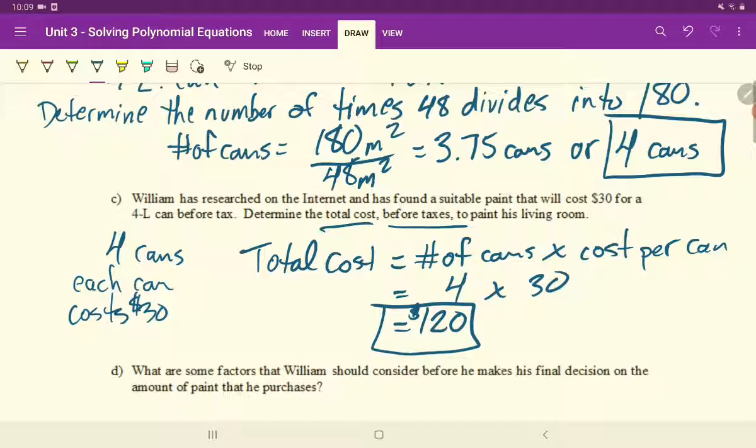And of course, if we were to calculate tax there, just multiply it by 1.13.